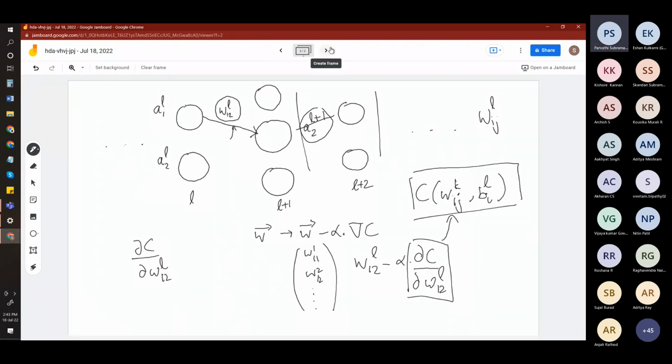Using the chain rule, we can split this as ∂C/∂A2^(L+1) times ∂A2^(L+1)/∂W1,2^L.